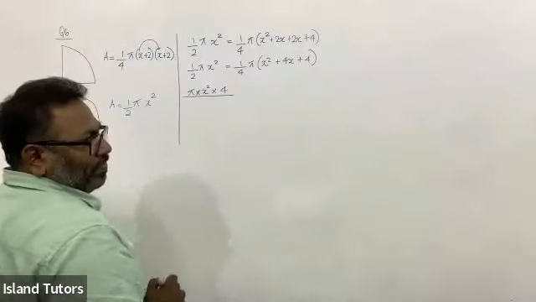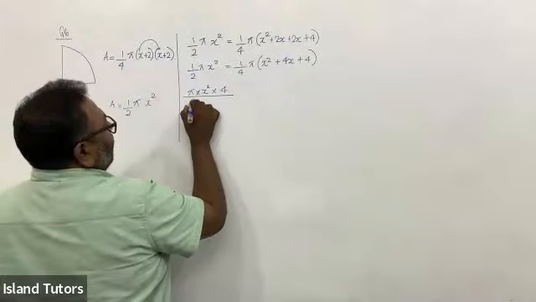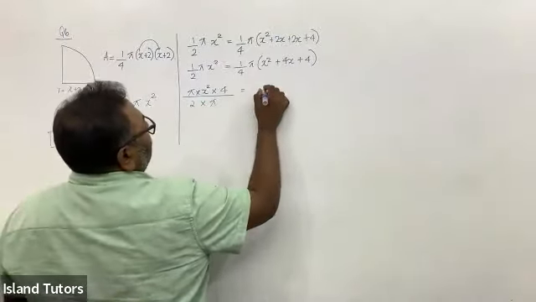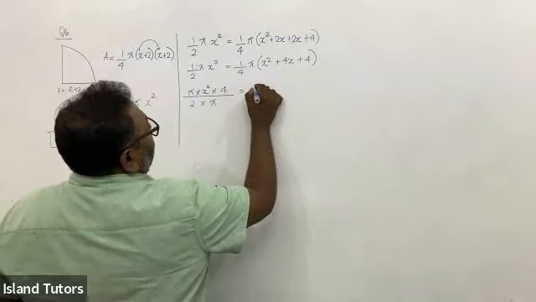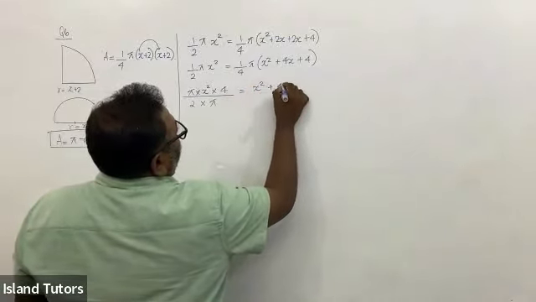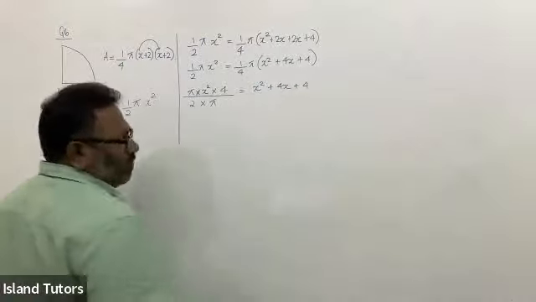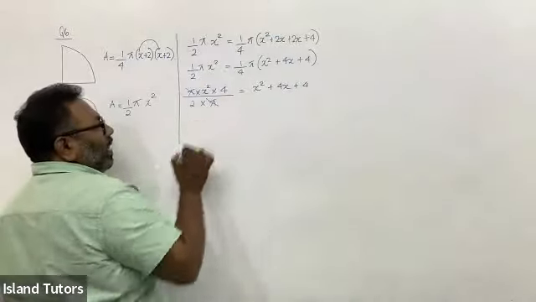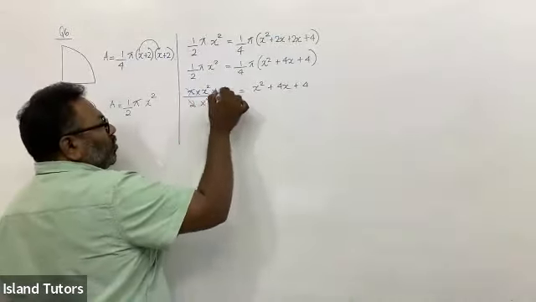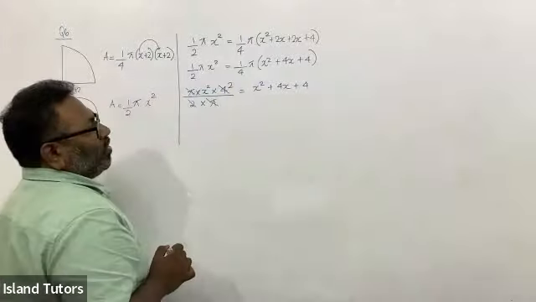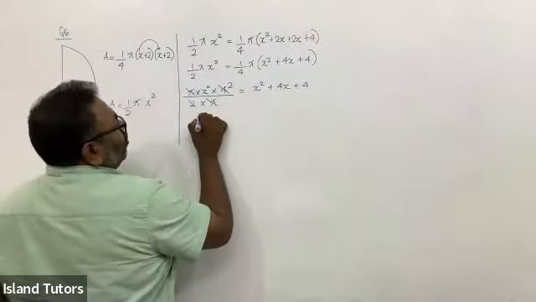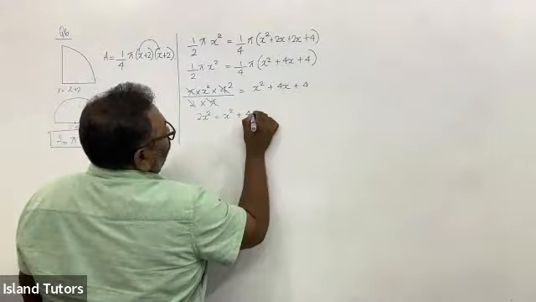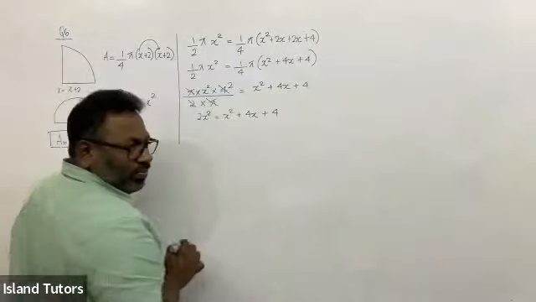You have 4 there, 2 is here and this pi also will come down. So you're left with x squared plus 4x plus 4. Following simplify, this pi will cancel. This 2 and this 4 will cancel. So you're left with 2x squared is equal to x squared plus 4x plus 4.